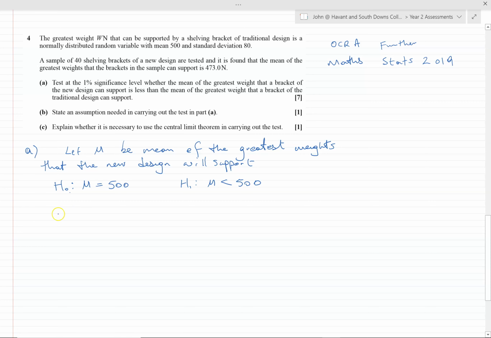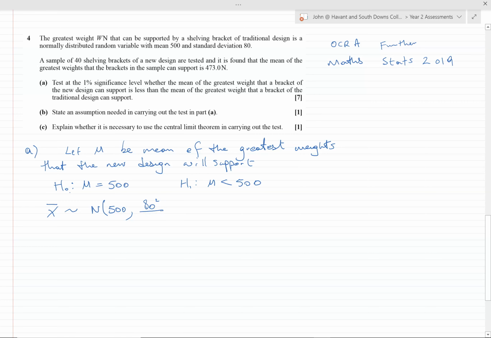So our sampling distribution. We've got a normal distribution. Obviously, the sampling distribution under the null hypothesis will have mean 500. The standard deviation of the original distribution is 80, so we're assuming that's the same as the standard deviation of the new distribution.